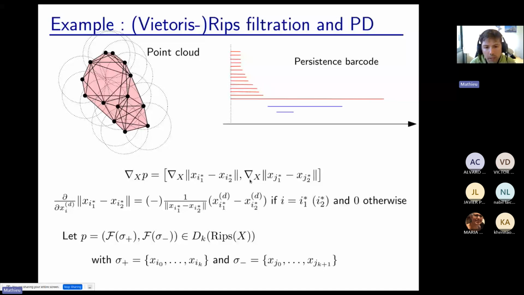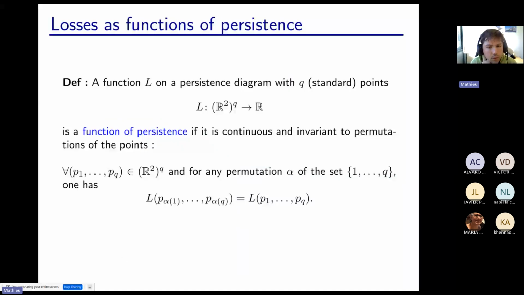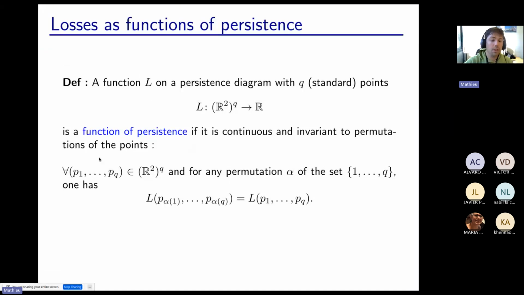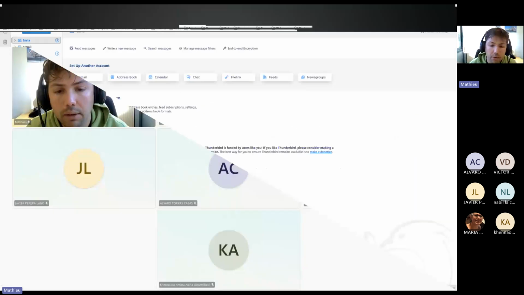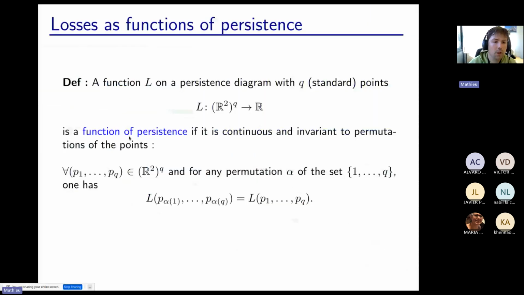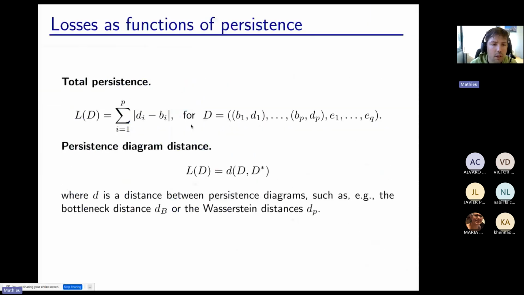Okay, maybe one last, a few small details. Usually when you want to optimize persistence, you want a loss that is invariant to permutation, because you don't want your loss to depend on the order of the points in the persistence diagram. If it is continuous and invariant to permutation, you can call it a function of persistence.